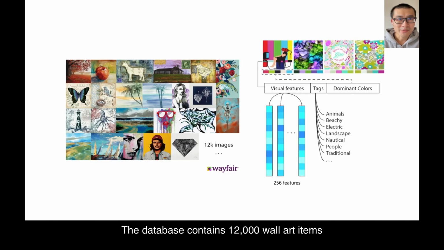The database contains 12,000 wall art items created by Wayfair professional artists. Each wall art item is annotated with an embedding vector extracted from a convolutional neural network, a number of tags, as well as its 5 dominant colors.